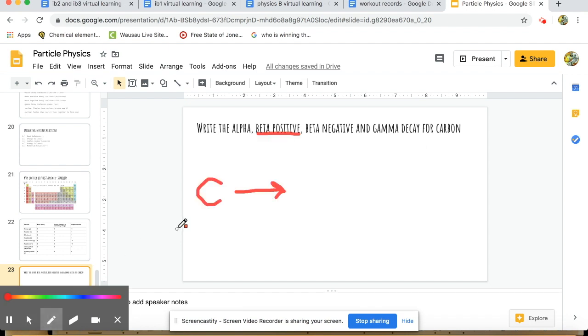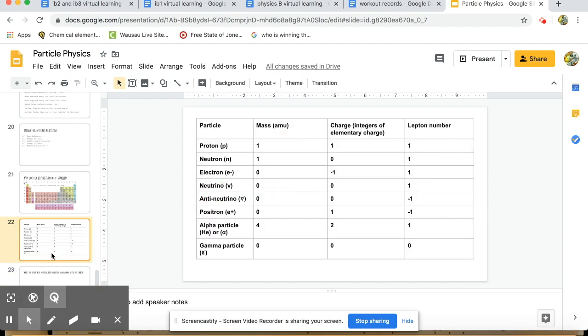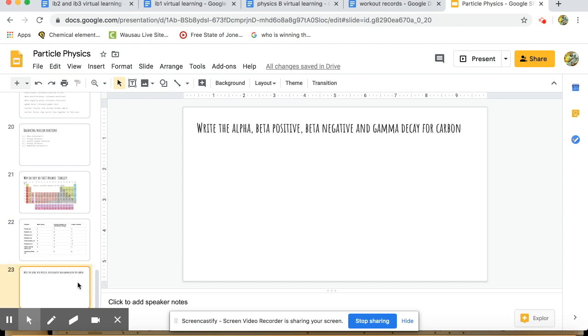So you don't need to memorize those. But anyway, for beta positive, carbon has to produce a positron. If you look back at this, the symbol for a positron is just an e with a positive charge on it, and its mass is 0, its charge is +1, its lepton number is -1.